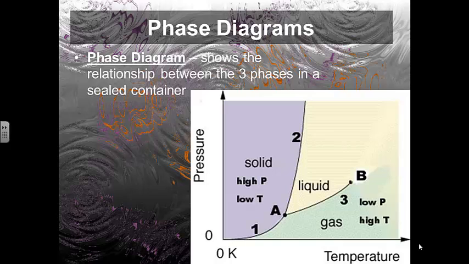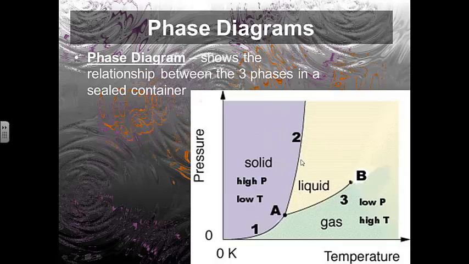You may want to pause the video at this point so that you have time to copy down the labels, including the words, the numbers, and the letters. On this graph, we see three separate areas. For a solid, at the low end of the temperature scale and the high end of the pressure scale.